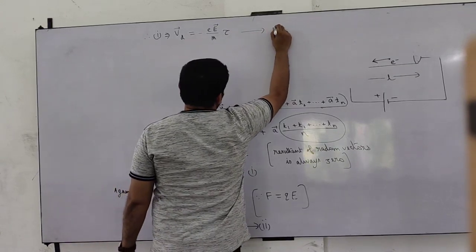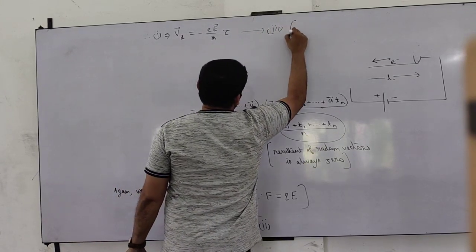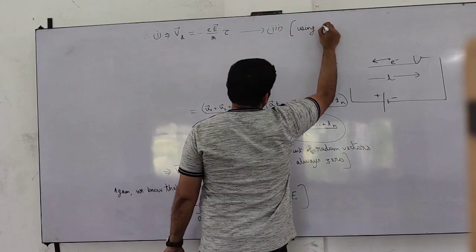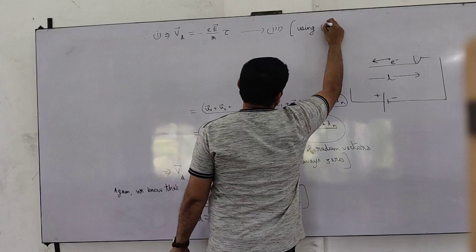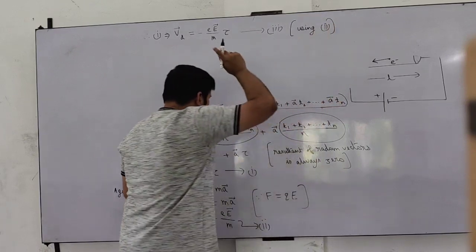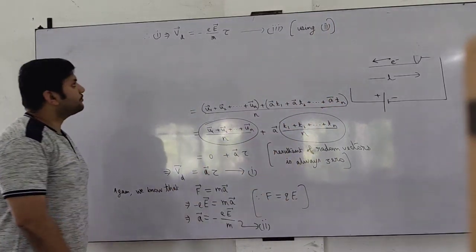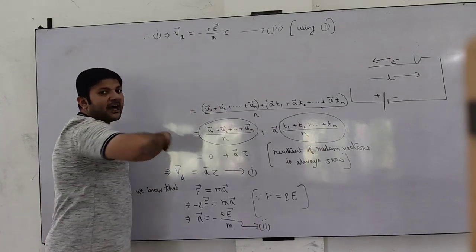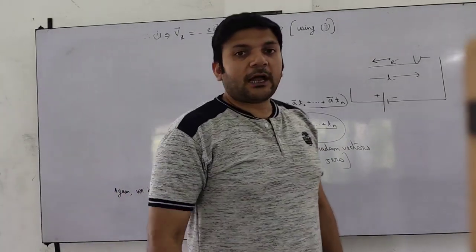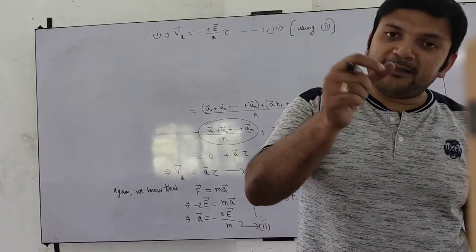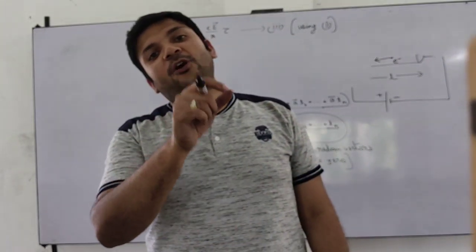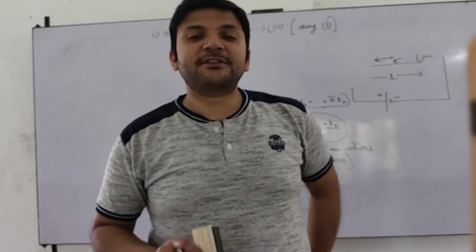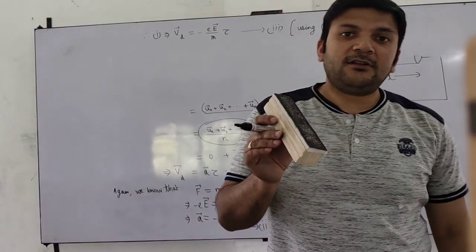This is equation number 3, using equation number 2. You see, what is tau? Tau is the average time, and this time is called relaxation time.